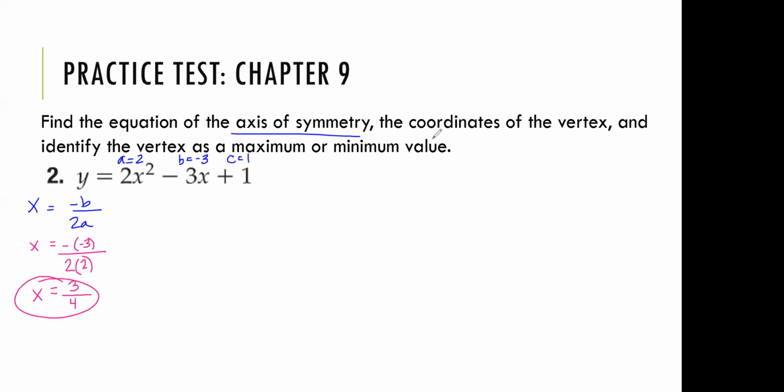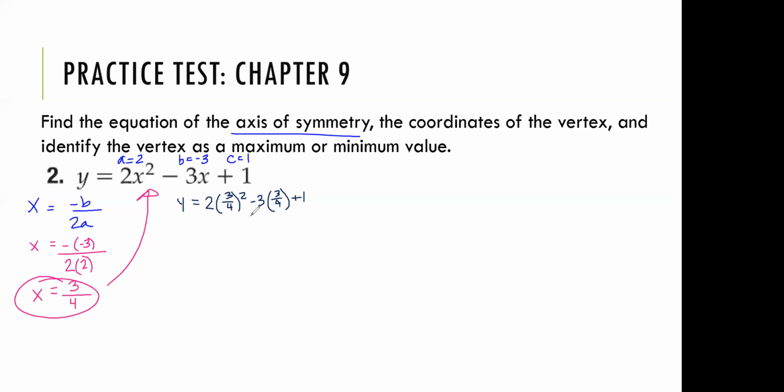Okay, then it says to find the coordinates of the vertex. So I plug this value into the equation here and solve for y. So I've got y equals 2, and instead of x I'm putting 3/4 squared, minus 3, and instead of x I'm putting 3/4, plus 1.